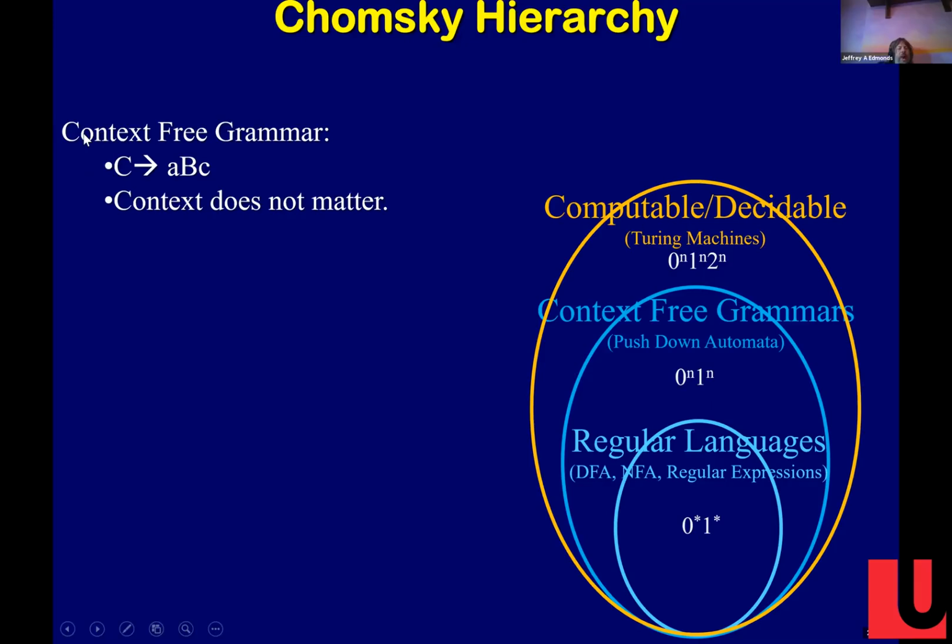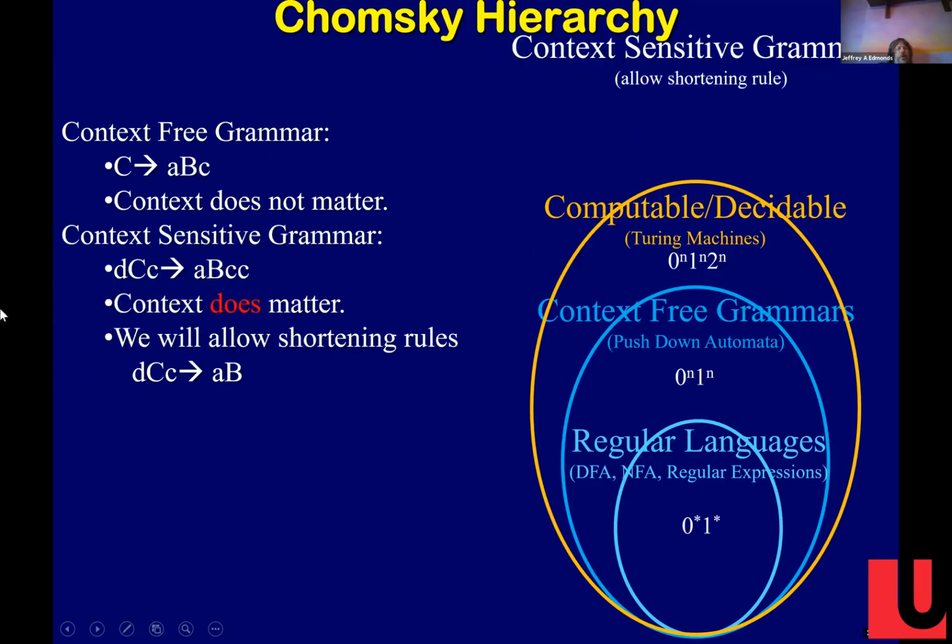Before we go on too much, let's talk about context-free grammars versus context-sensitive grammars. A context-free grammar says that if you have this capital B in here, how you convert the capital B is not influenced by the A and the C on the outside. While in a context-sensitive grammar, how you convert the B is dictated by whether you have an A and a C on the outside.